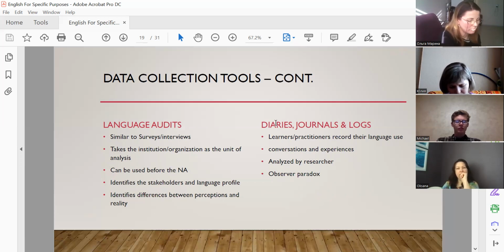Diaries, journals, logs, where learners and practitioners record their language use. So if you have access to the students, you can read what they wrote, for example, in the previous year. You can ask them to show you their notebooks and see their level of English. Okay.